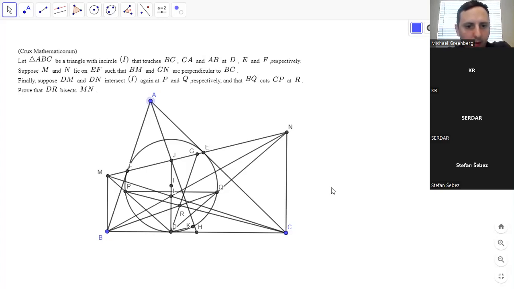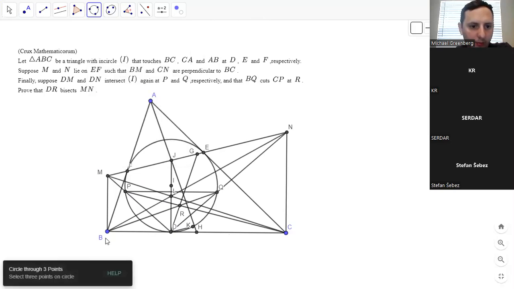That does look familiar, with PQ being parallel to BC. That's the same as this angle being equal to this angle, which is the same as these triangles being similar. Is that obvious? I wonder if MFDB is cyclic.